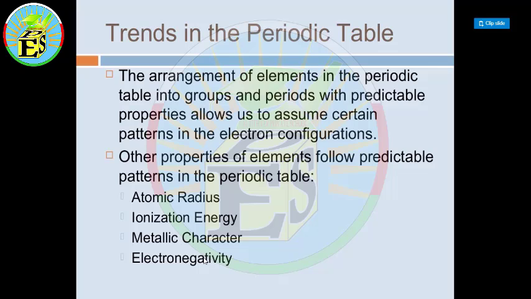With the periodic table we can predict the atomic radius, meaning the atomic size of the atom, and the ionization energy, the amount of energy of the element. We can predict whether an element is a metal, non-metal or metalloid, and which element will give electrons and which will take electrons.